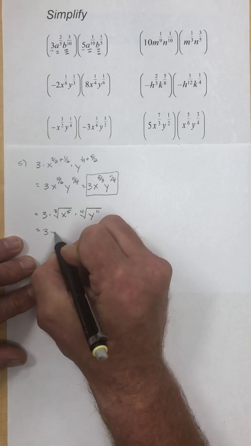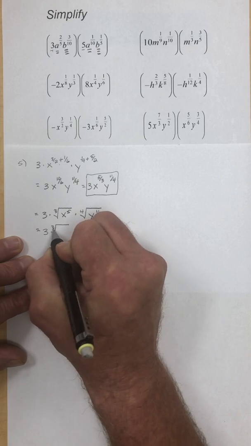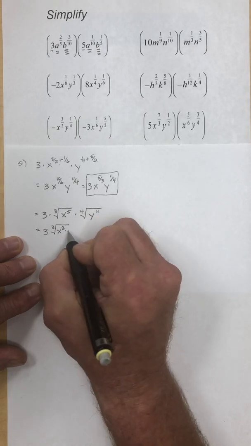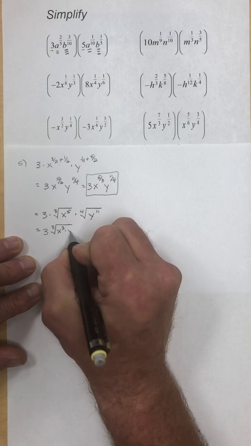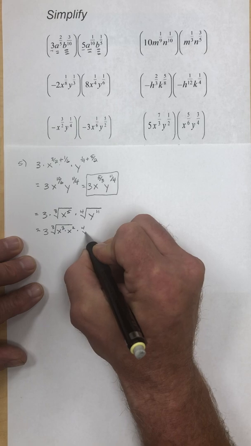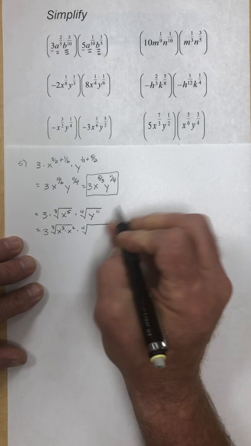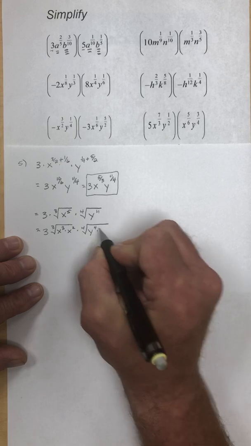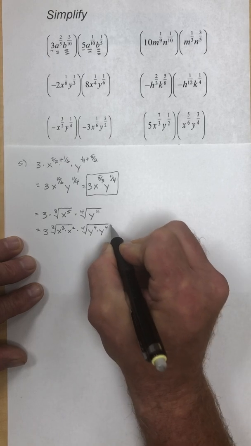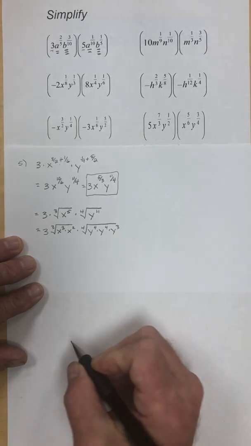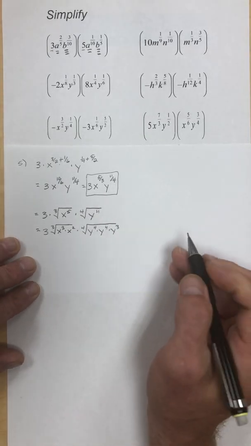So this would be the cubed root of x cubed, but I have a total of 5 factors of x, so that would be times x squared. Times the 4th root, well, I need y to the 4th, so I could go y to the 4th times y to the 4th, I can get 2 of them, times y cubed. And 4 plus 4 plus 3 is 11.